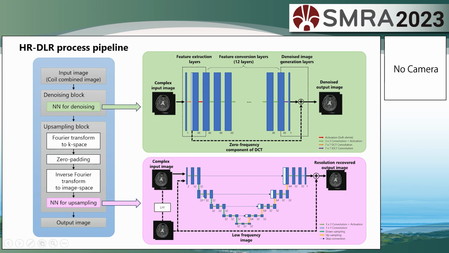The second neural network here in pink is an upsampling block for higher resolution. The denoised images are enlarged and zero-filled. Zero-fill interpolation was performed with the deep learning reduction of the noise in that process to provide higher resolution images.